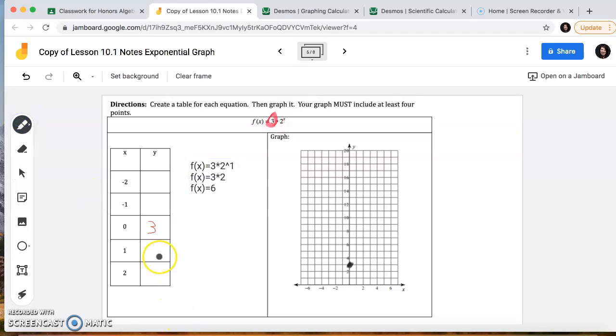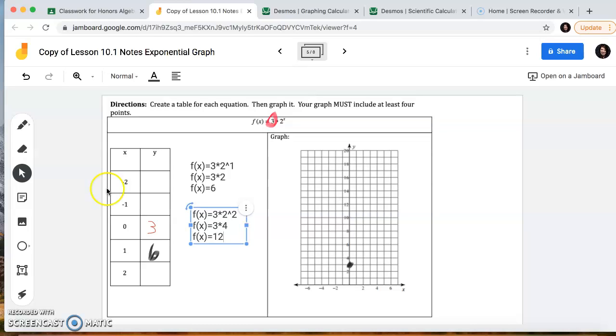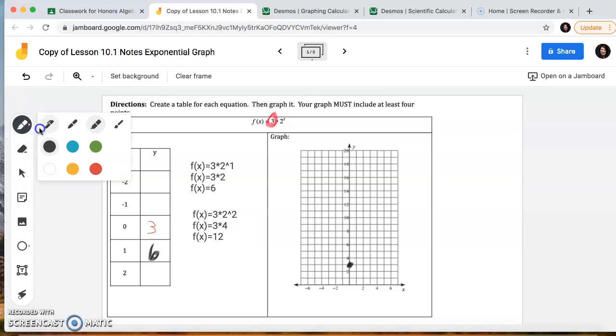So this number will be a 6. And then you can keep doing that. If I change the exponent to a 2, we're going to have 2 to the second power, which is 4. And 3 times 4 is 12. So this value will be 12.